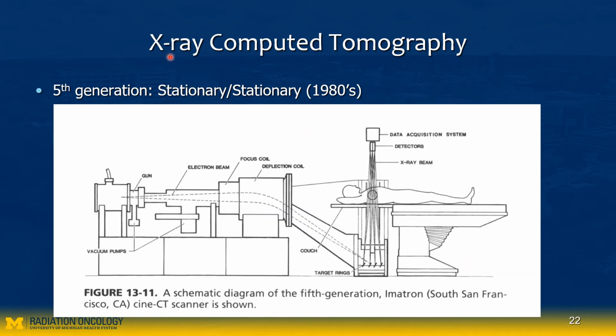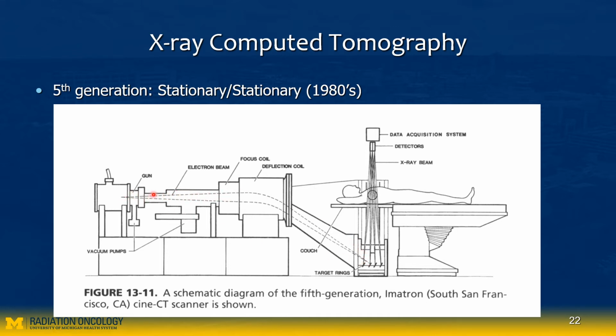This fifth generation is more like a specialized CT scanner. It's stationary and stationary, so there's no moving part. This is not a regular CT scanner. It's a very special scanner, a sort of electron scanning. Instead of rotating the X-ray source, what you have here is an electron gun.